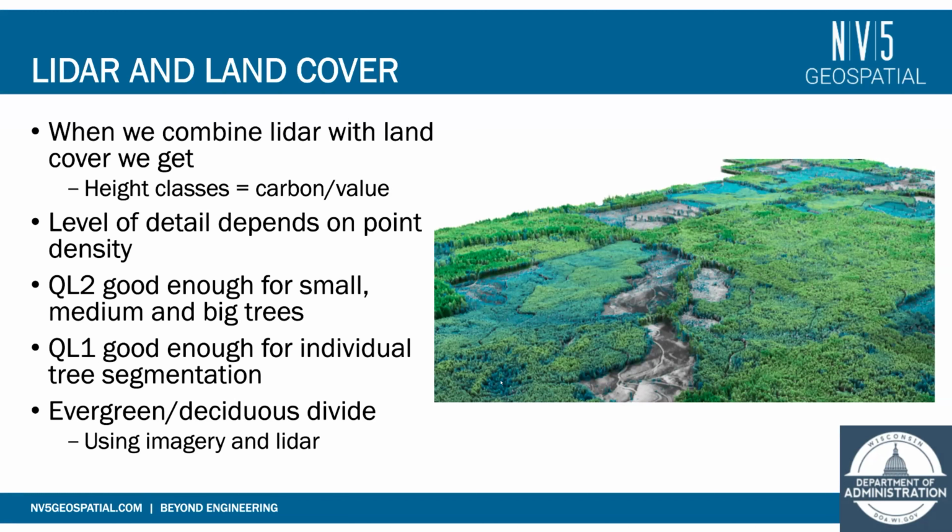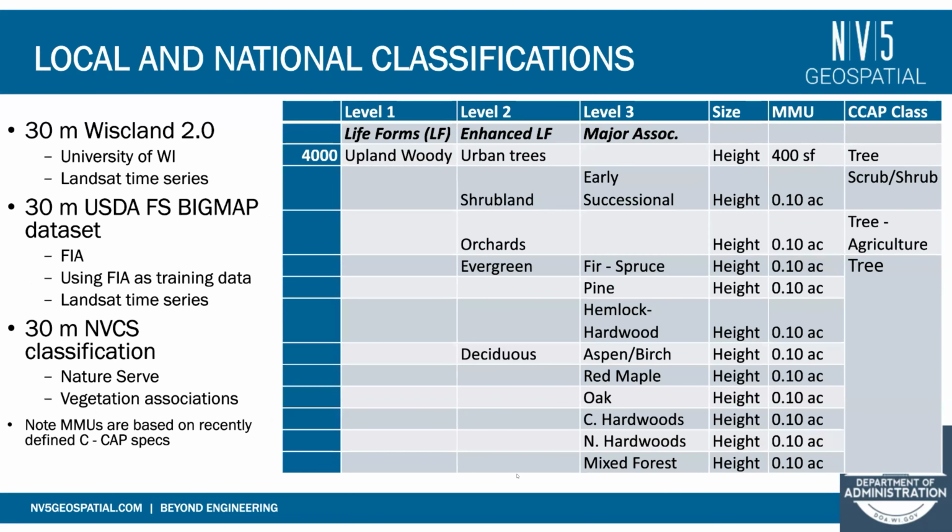Obviously, if we have QL2 data, it allows us to get an idea of the canopy height. If we have QL1 data, it allows us to move towards individual tree segmentation. And then the lidar can also be used to help us divide between which areas are evergreen and which areas are deciduous.